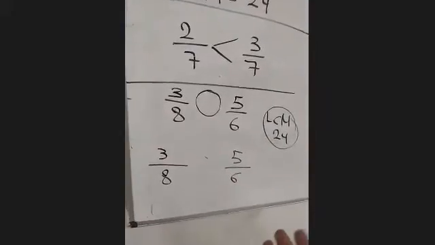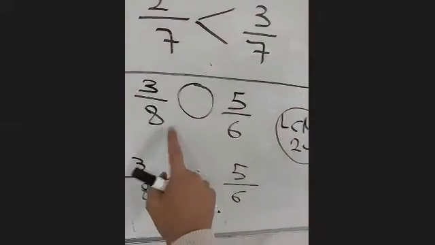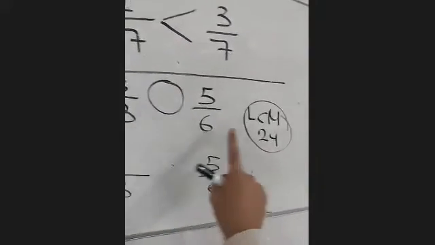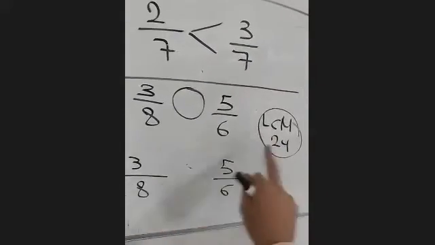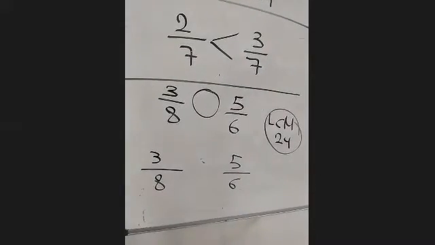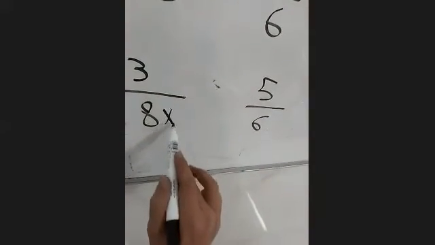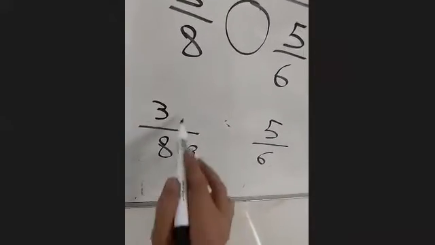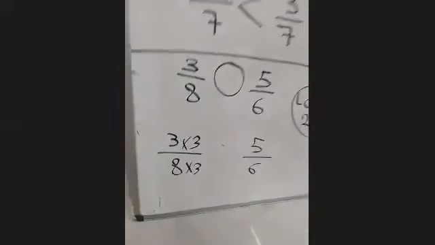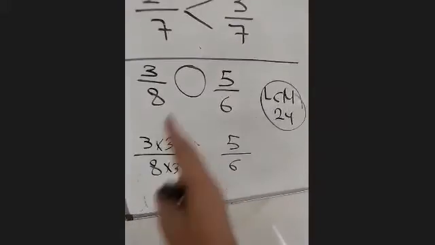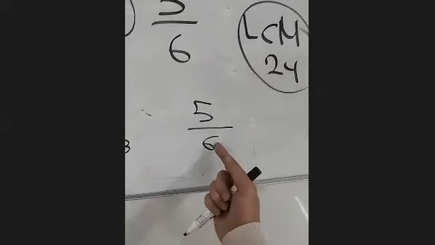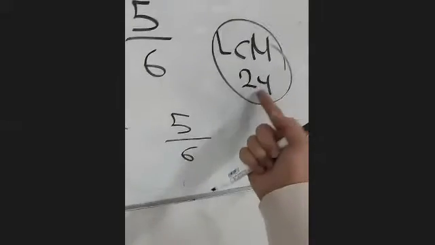Now, I will ask myself, how does 8 become the least common multiple 24? 8 becomes 24 by multiplying with 3. So I'll multiply 8 by 3. And in fractions, if we do something down, we need to do the same thing up. Now I will go to the second fraction and ask myself, how does 6 become 24?